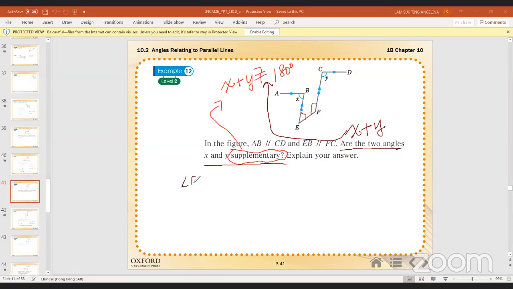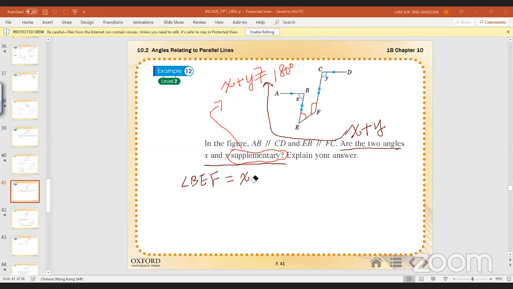We first tell people angle BEF equals x. Is this equal x? Let me see. It's not really, I think. Is it? It's not really. No. What do you think? Is this equal x?